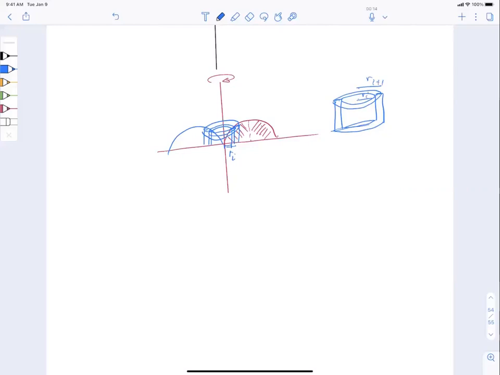It could be Xi plus 1, of course. Then the volume is going to be the outside volume minus the inside volume. The outside volume is pi times Ri plus 1 squared times the height, and then minus pi Ri squared times the height. This is height i plus 1, this is height i, whatever it is.